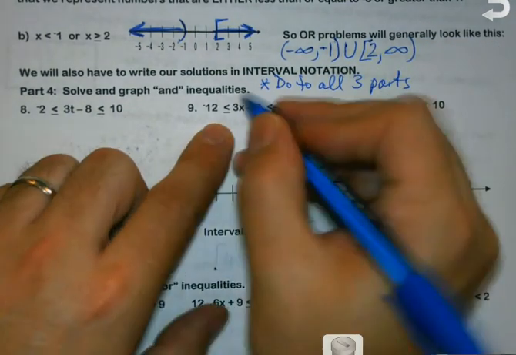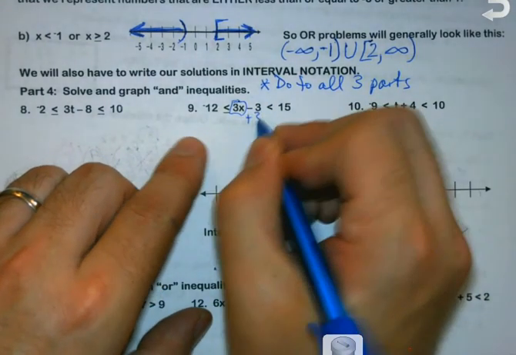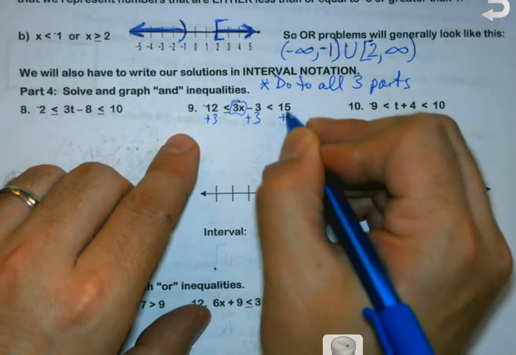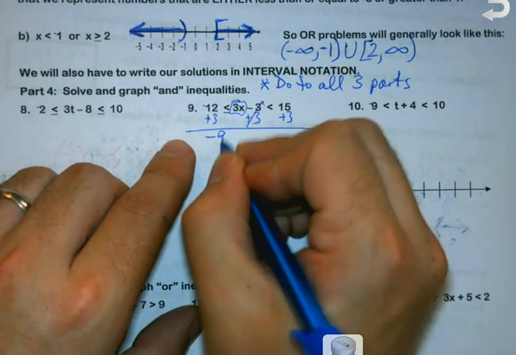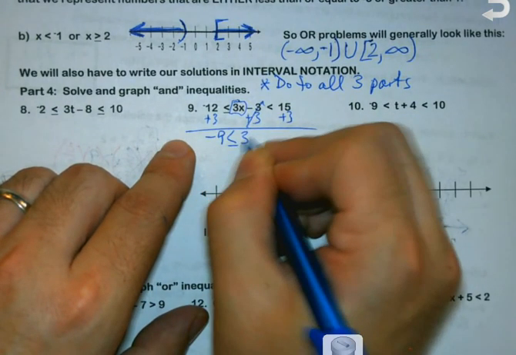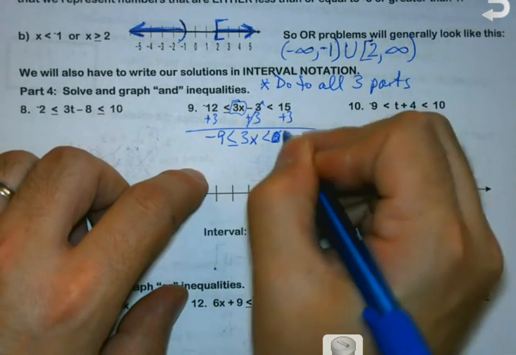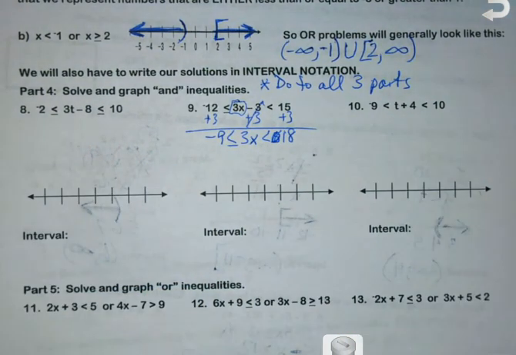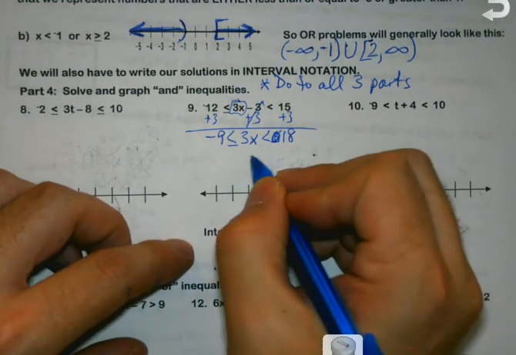So for instance here, if I want to get my x alone and I want to add 3, I need to add 3 to all three portions. Whoops, I'm not dividing, silly man. And then divide by 3, because it's all about getting that x alone in the middle.